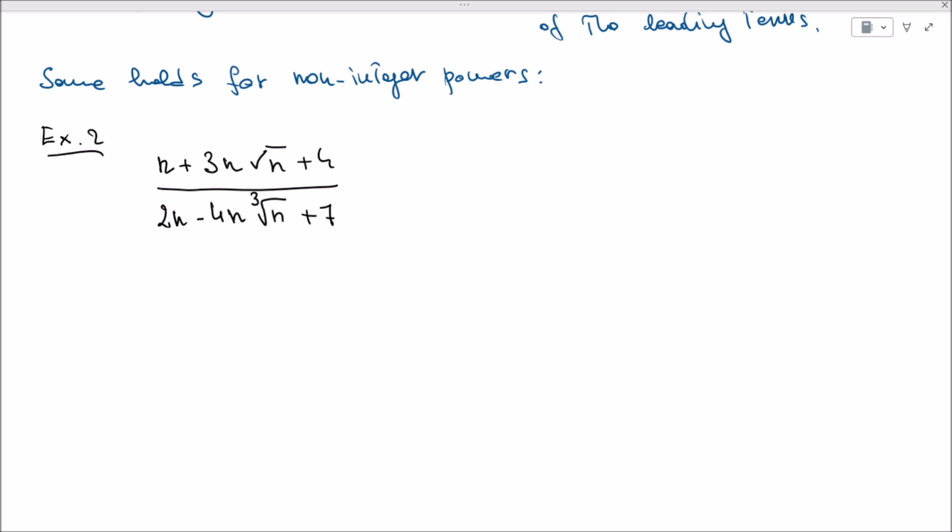We want to find the limit of this sequence as n goes to infinity. Well, it turns out that this limit will be minus infinity.